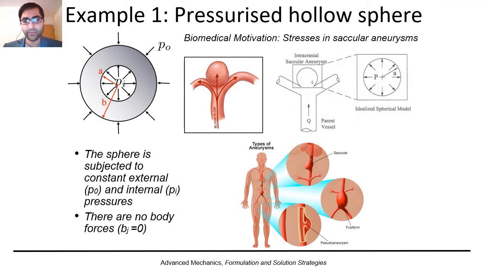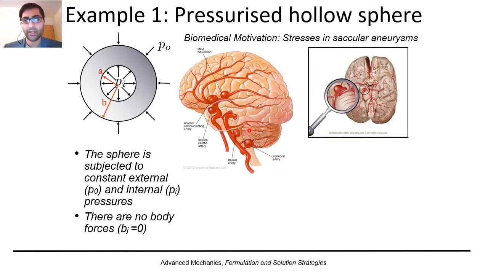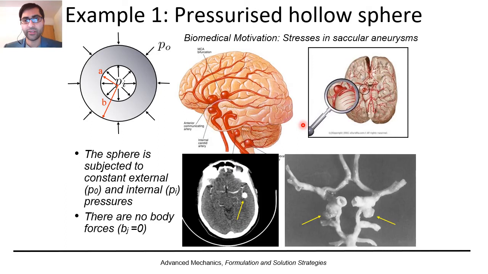The aneurysm may occur at different locations in the body, in the legs, near heart, in the brain, and you see in most of the cases they are not completely spherical, but a spherical model can predict the deformation behavior pretty well. These are a few CT scan images and biological samples with saccular aneurysm.